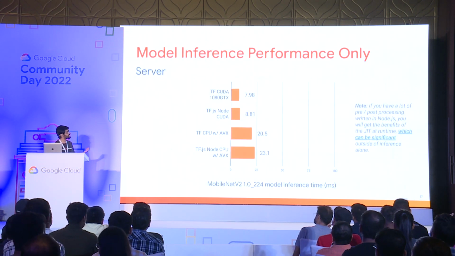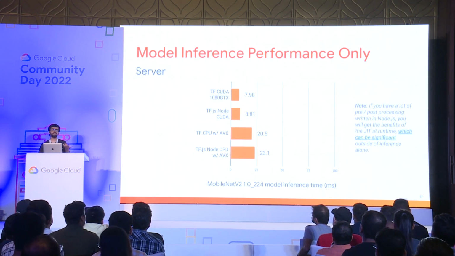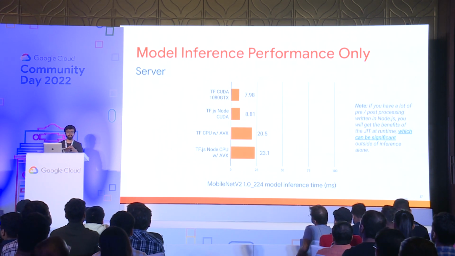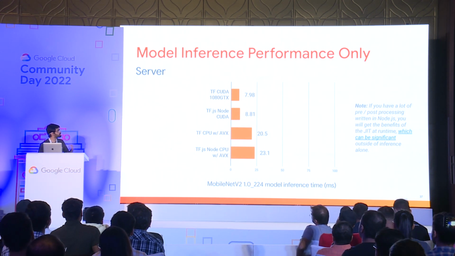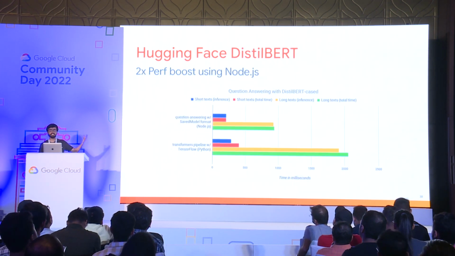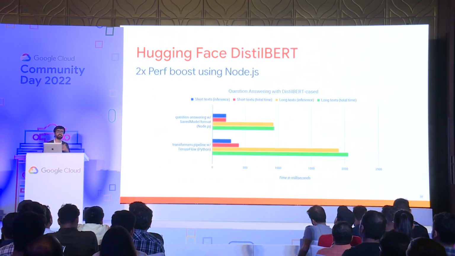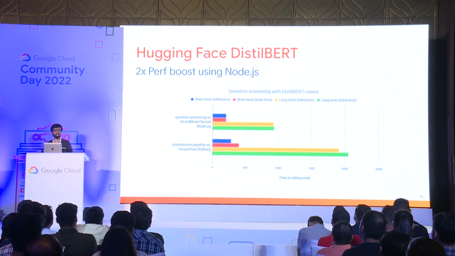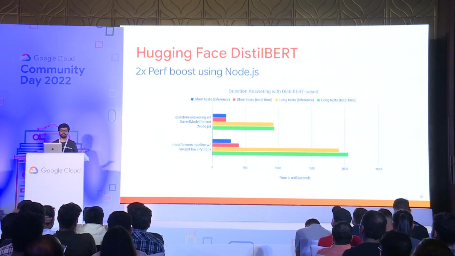And if you had a question about how it performs compared to Python, you can see that it performs very closely, and in certain cases, including the BERT model, which is a very popular natural language processing model, it actually performs better, right?